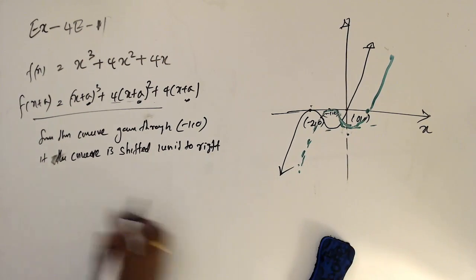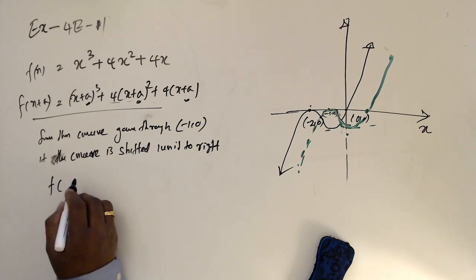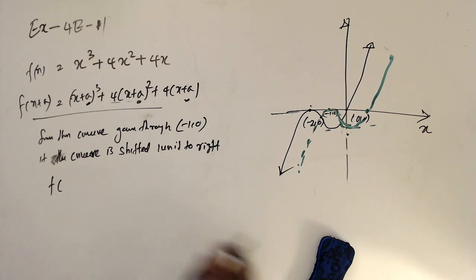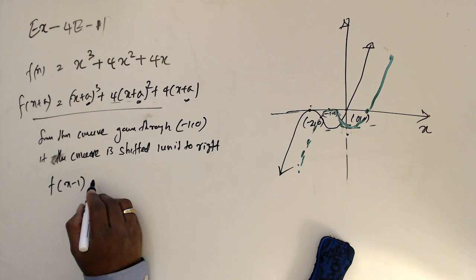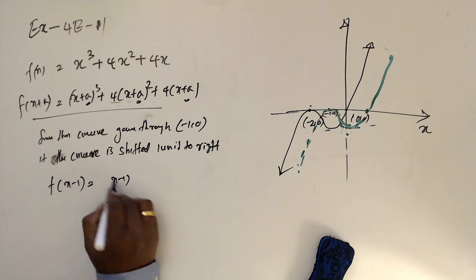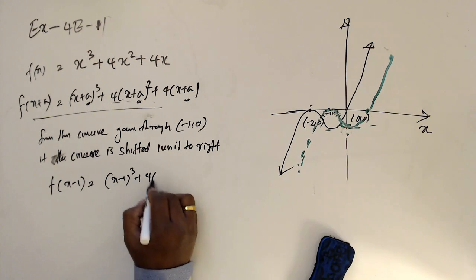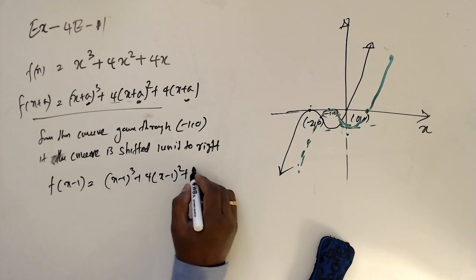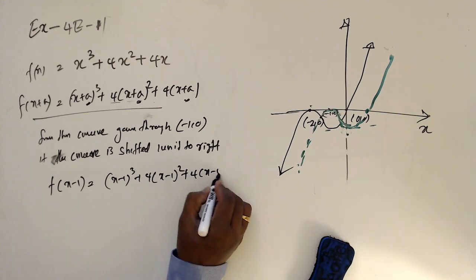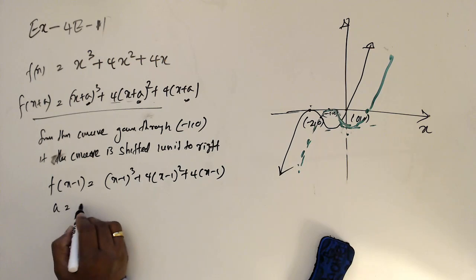So then I can see that if f(x minus 1) equals (x minus 1) cubed plus 4 times (x minus 1) squared plus 4 times (x minus 1), then the a value is minus 1.